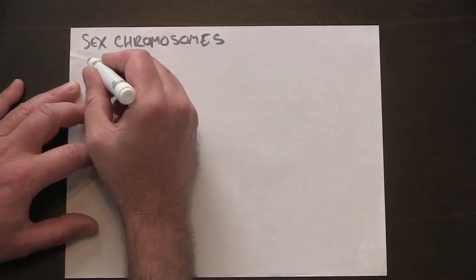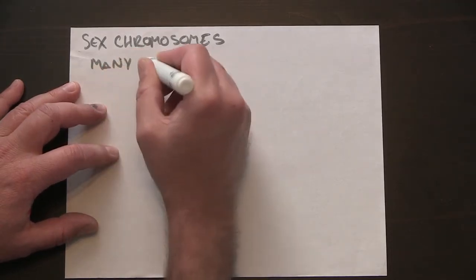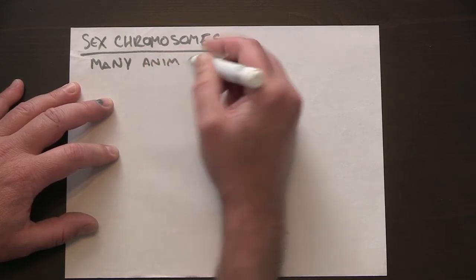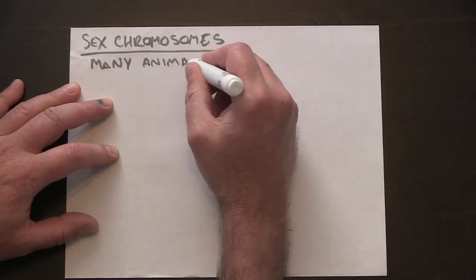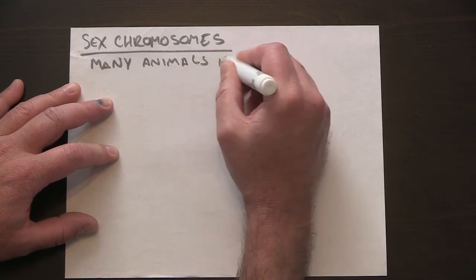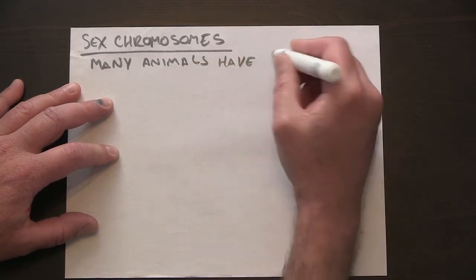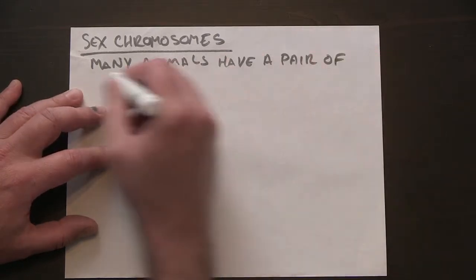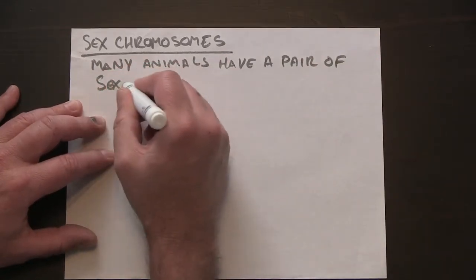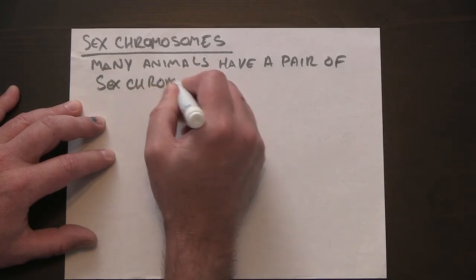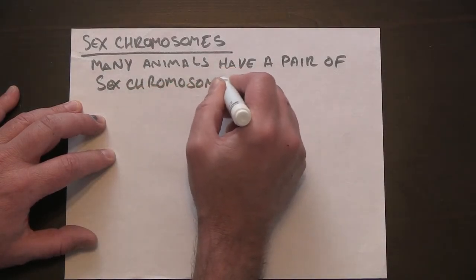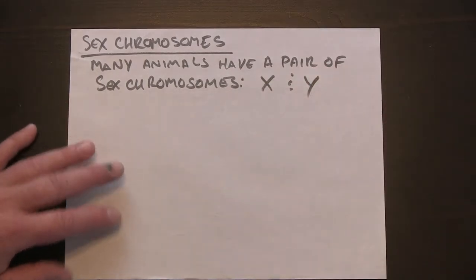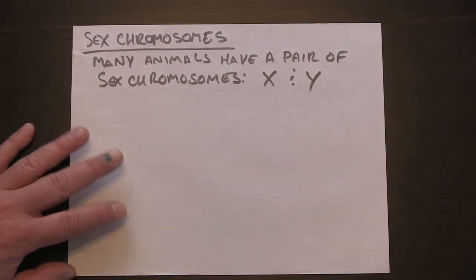Most animals, or many animals, just say, have paired sex chromosomes, including us. A pair of sex chromosomes. X and Y is what they're called typically.